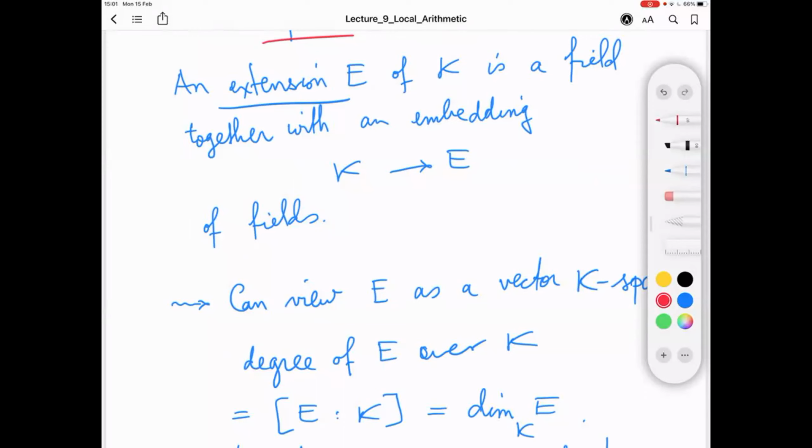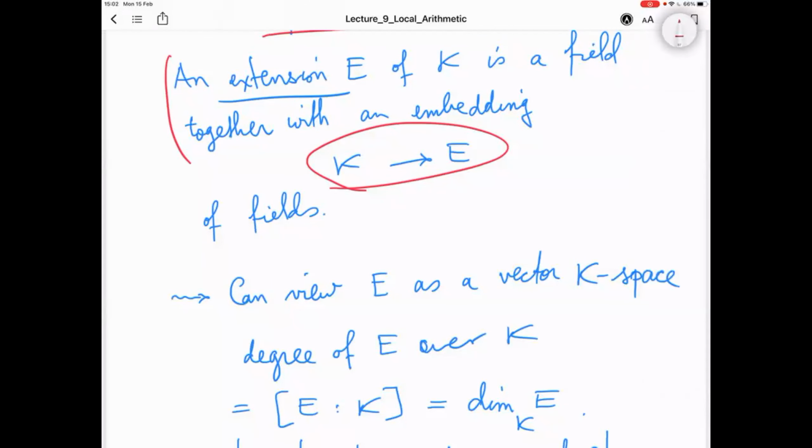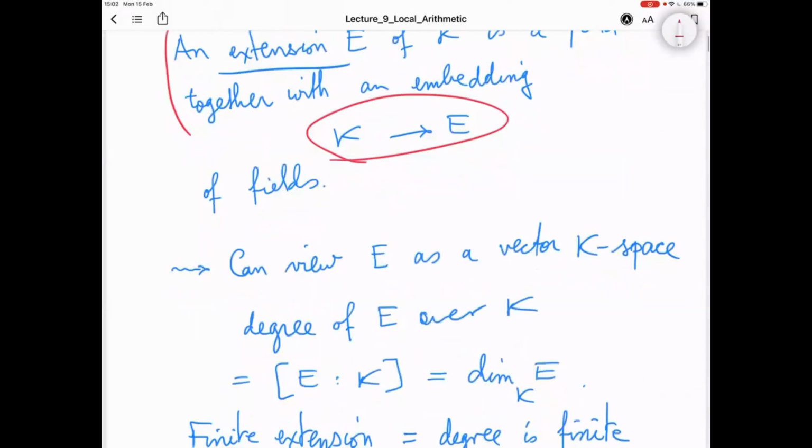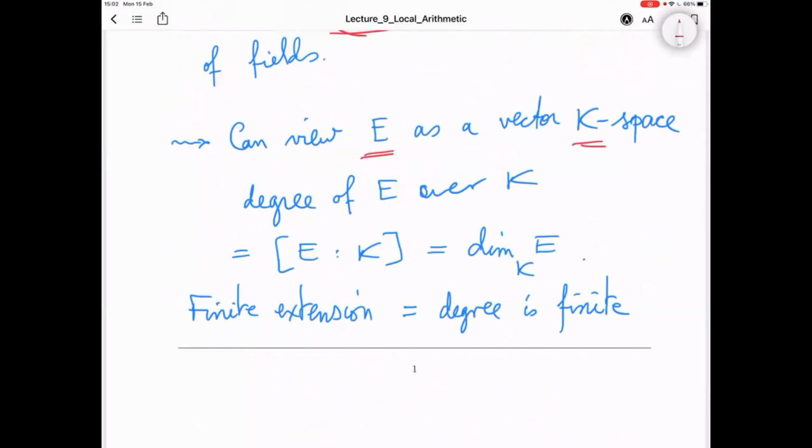Okay. So an extension of K is a field E together with an embedding of K. So it's a pair actually consisting of a field E and an embedding of K in E. So if you have an extension E of a field K, then E can be viewed as a vector space over K, of course. And as such, it will have some dimension.